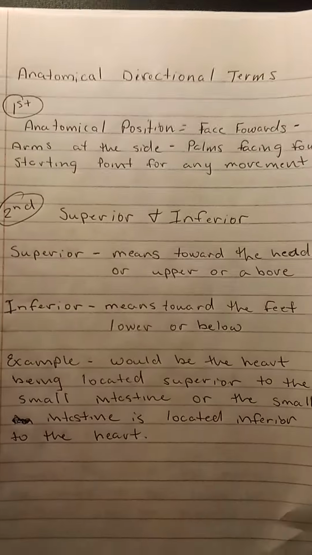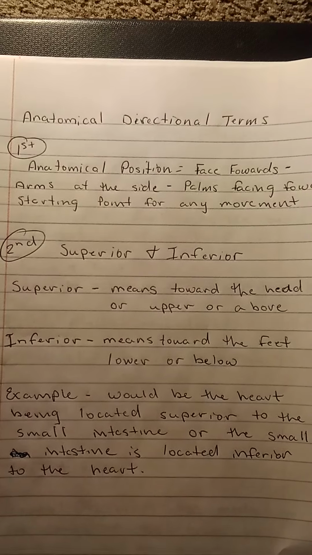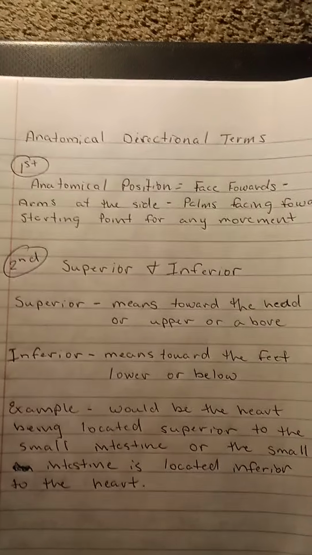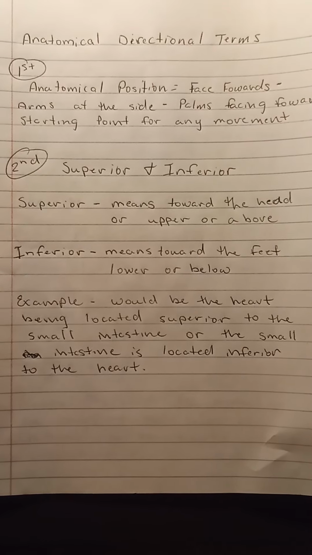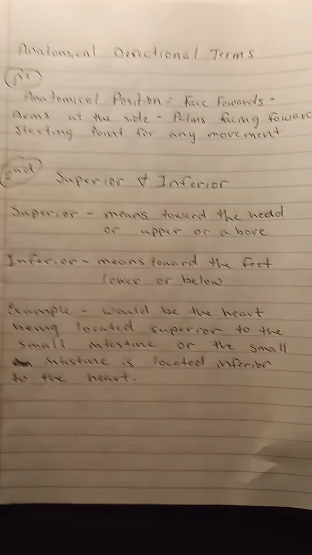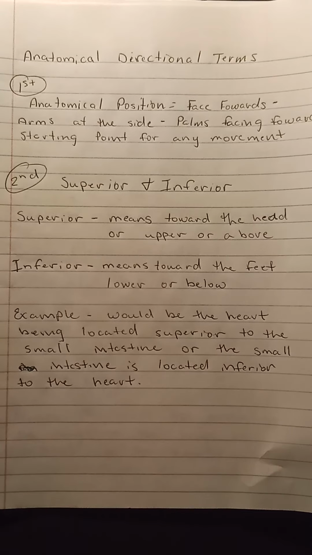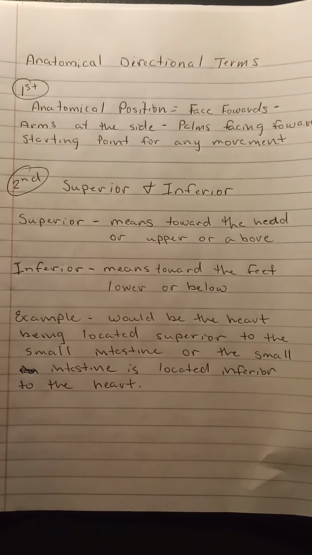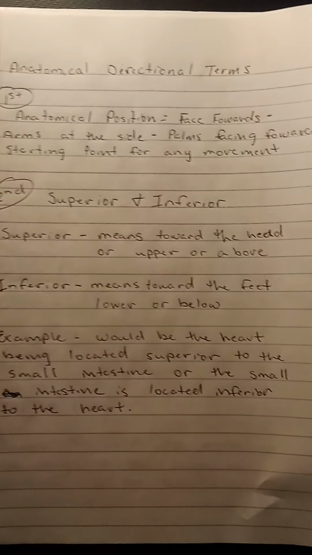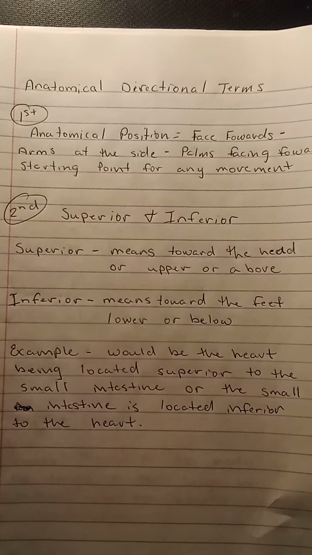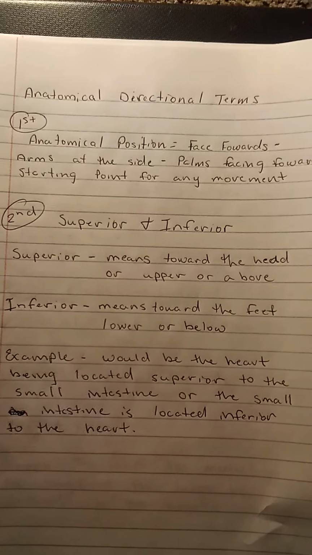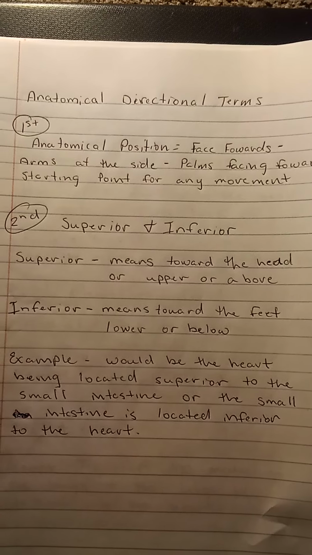An example would be the heart being located superior to the small intestine, or the small intestine is located inferior to the heart. Most directional terms are opposites, like superior and inferior. One is upper, one is lower.